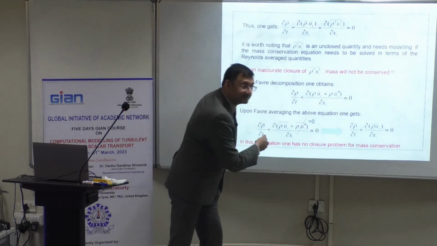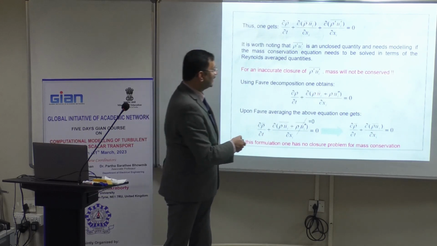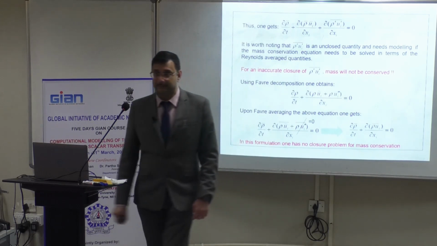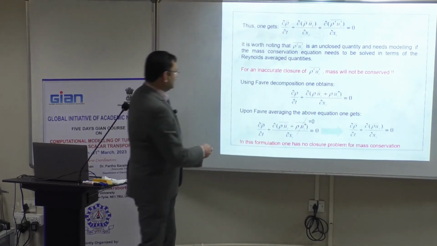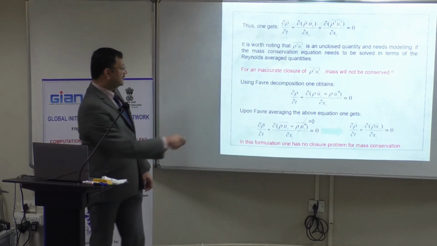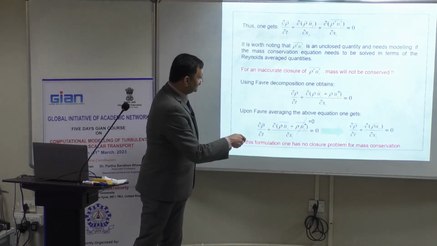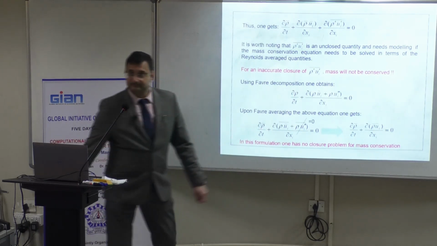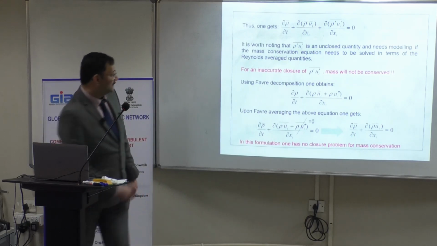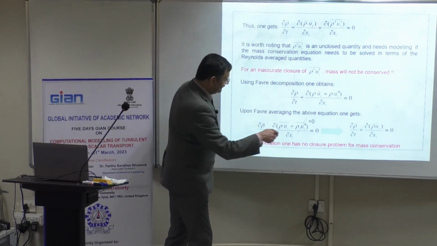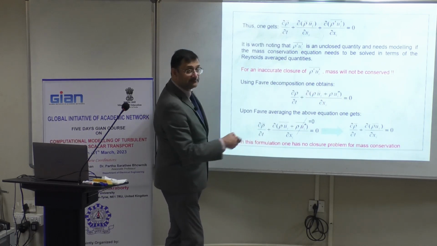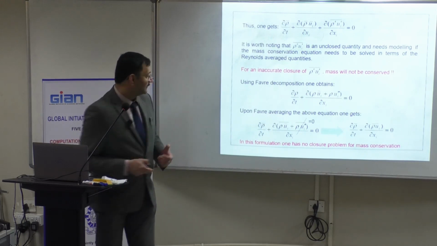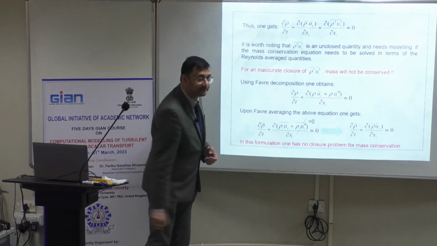Rho remains as it is. I am breaking Ui as Ui tilde plus Ui double prime. And that gives me this term. Happy with that? If I now Reynolds average over this term, essentially the time derivative will come out, and we will have rho bar. If I take the Reynolds average over this term, essentially del xi will come out because the derivative and the averaging commute, and you will have an over bar on top of that.